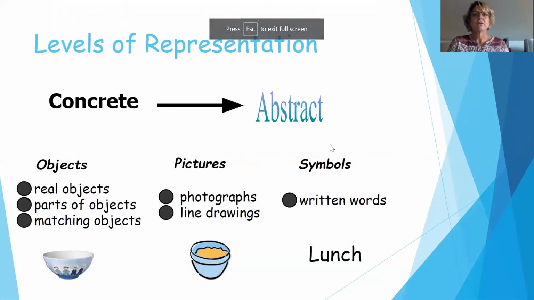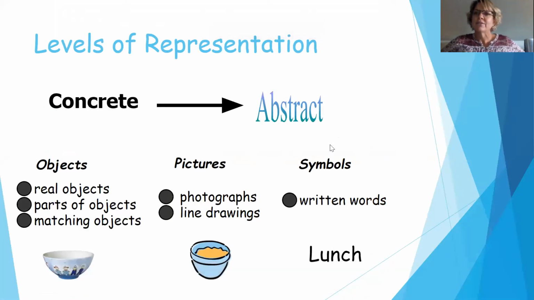So when we are looking at visual supports, when we start with new learners, we're going to start with real concrete visual information. When we are talking concrete, we're looking at objects, real objects, a part of an object, matching objects, those kinds of things so that it's really clear to students what we're talking about.